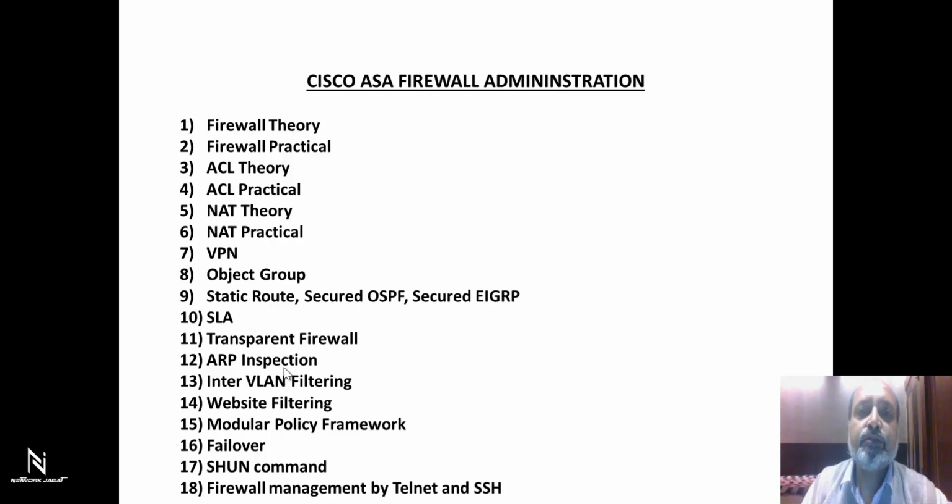ARP stands for address resolution protocol, inter VLAN filtering, website filtering, modular policy framework, failover, shun command, and finally firewall management by telnet and SSH. Right, SSH stands for secure shell.